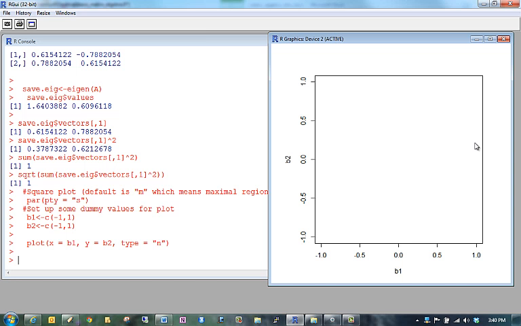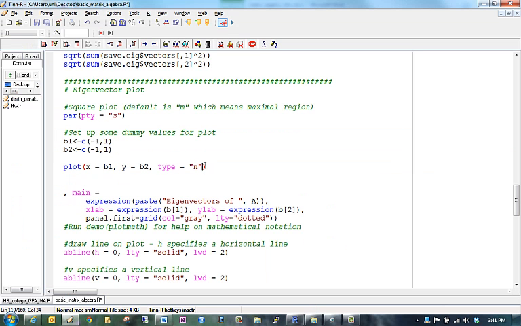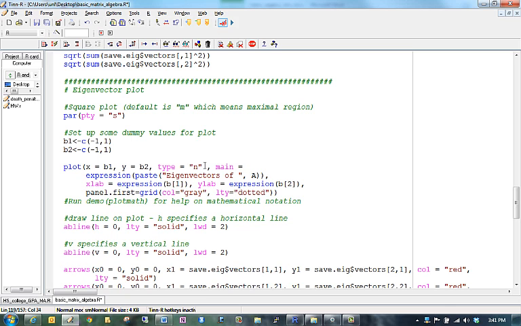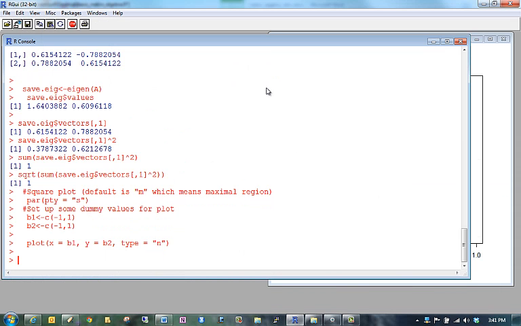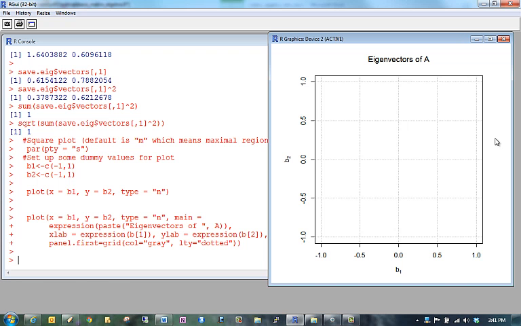Okay, so now I need to plot some stuff inside of there. Or actually, let me show you this here. I did some more fancy things with respect to putting a title on my plot, x-axis labels, y-axis labels, all using the expression function. You can get into that more if you want to. Also, I put some grid lines on the plot to help us see everything.